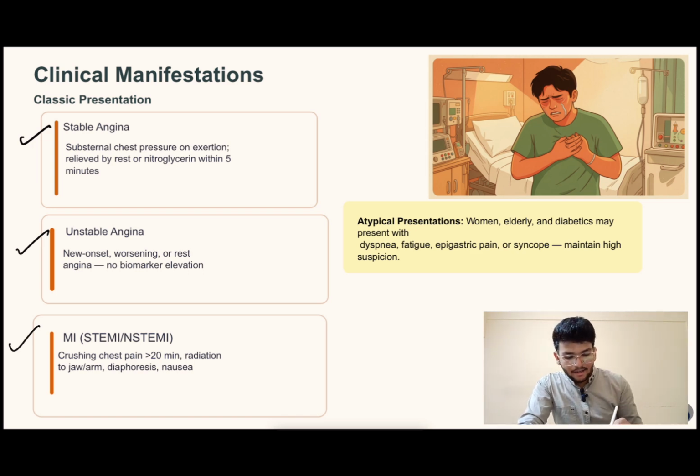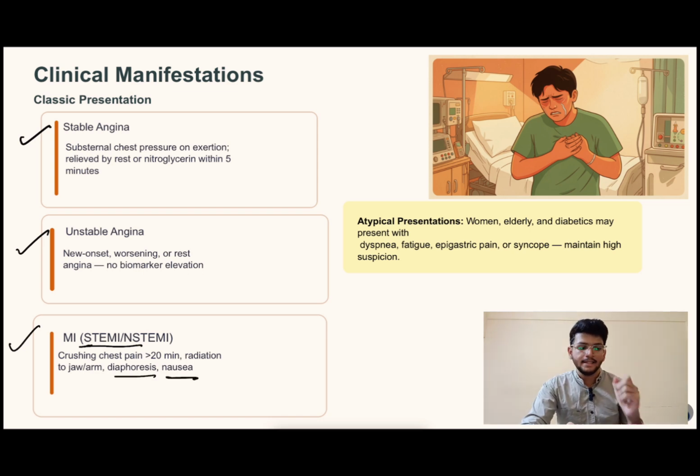For MI, that is STEMI or NSTEMI, crushing chest pain occurs for more than 20 minutes, with radiation to the jaw and arm, diaphoresis and nausea. Atypical presentations are seen in women, the elderly and diabetics, who may present with dyspnea, fatigue, epigastric pain or syncope; maintain high suspicion.